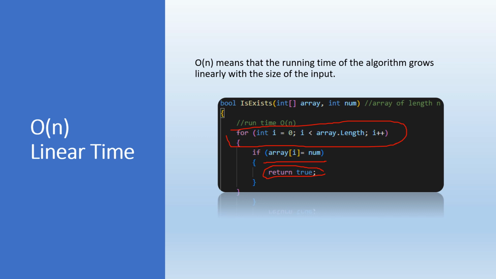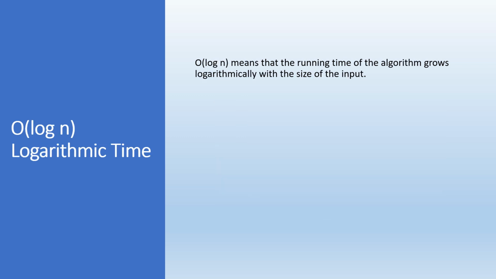Now let's take an example of the next big O notation, which is O of log n, the logarithmic time. What does it mean? As the input grows in size, the operations your code performs grow in logarithmic time. Let's take an example.